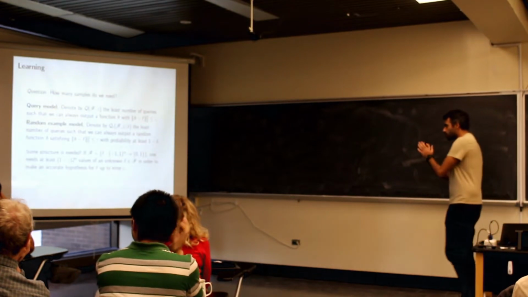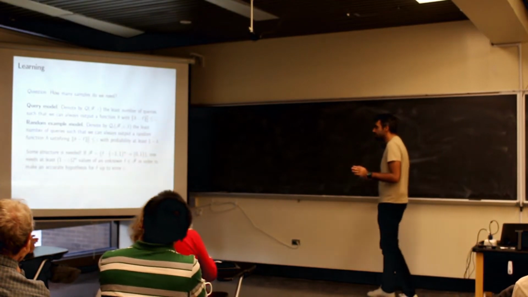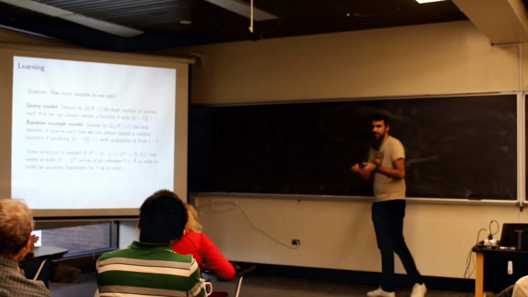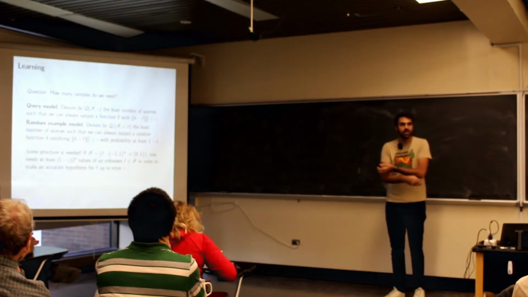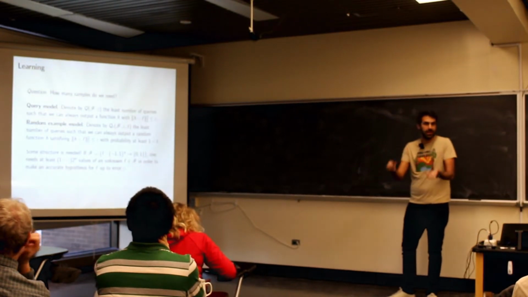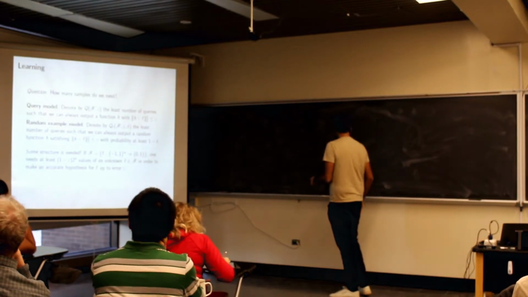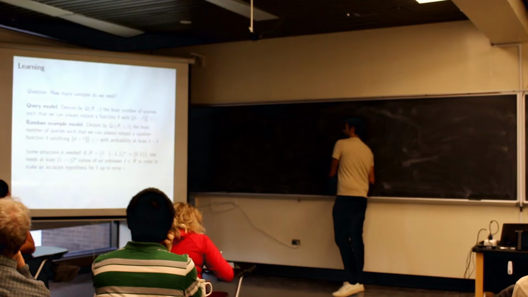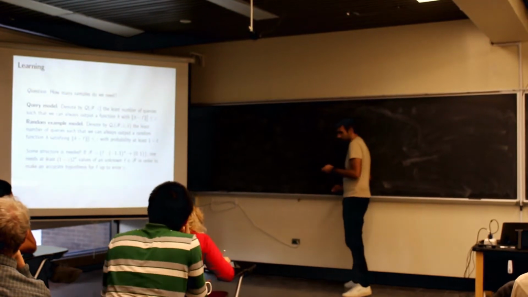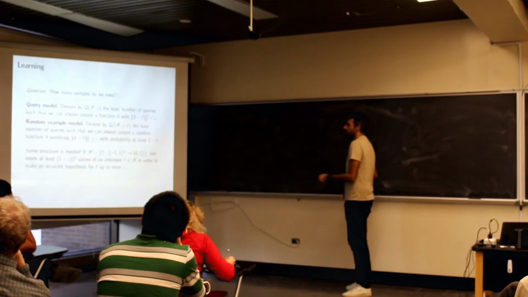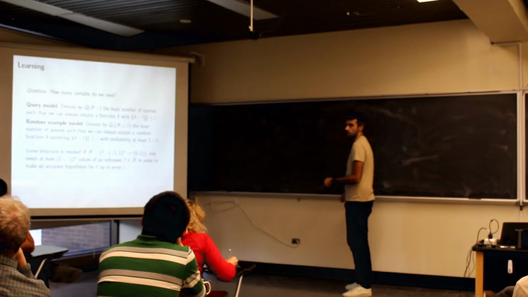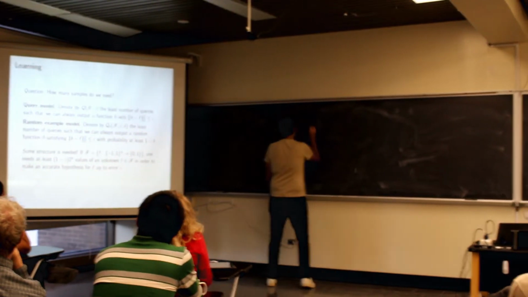And let me just make a completely trivial remark, which is that you need some structure. So it cannot be that your class is absolutely all functions and you expect to get a reasonable answer, right? So if your class were all the functions taking the values zeros and ones, even if you had 1 minus epsilon times 2 to the n values of an unknown function, you still have a lot of freedom, right?